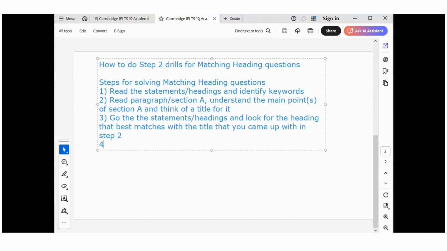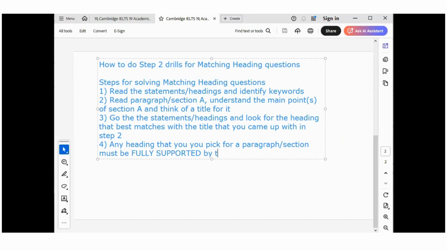Okay, then step 4 is that what? Any heading that you pick for a paragraph or section must be fully supported by that paragraph/section. Okay, now take note of this.